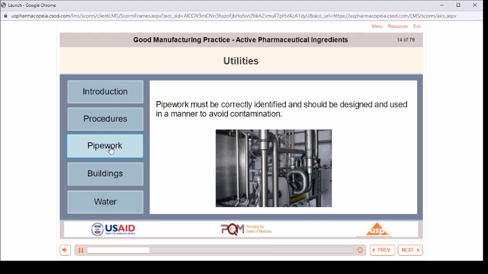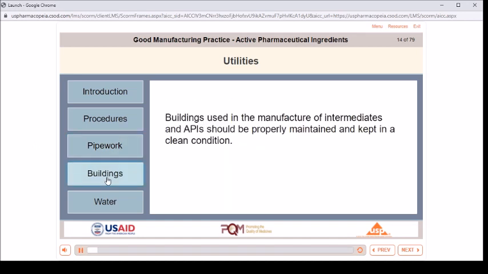Pipe work. Pipe work must be correctly identified and should be designed and used in a manner to avoid contamination. Buildings. Buildings used in the manufacture of intermediates and APIs should be properly maintained and kept in a clean condition.